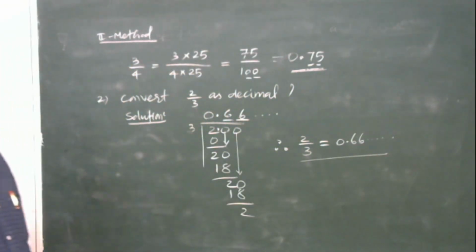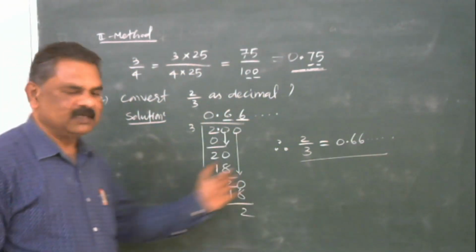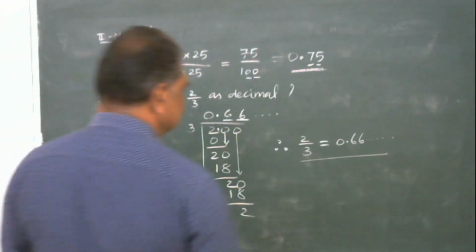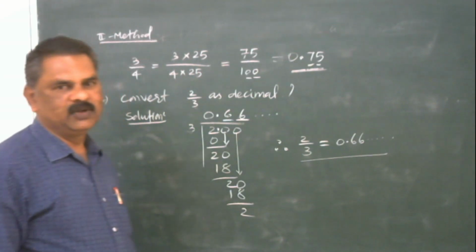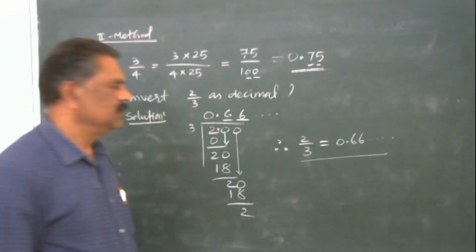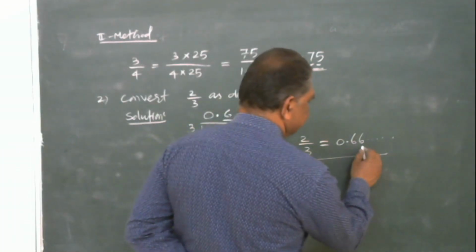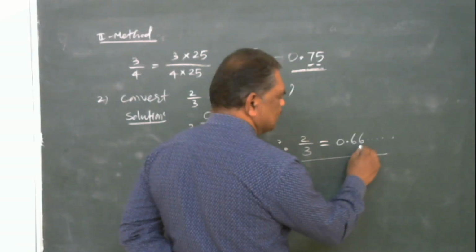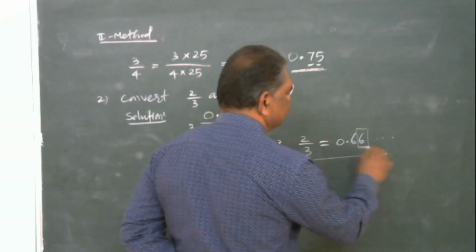6 comes continuously. So in the next concept we will be approximating. If you want to approximate this to just 1 decimal place, then there is a rule.